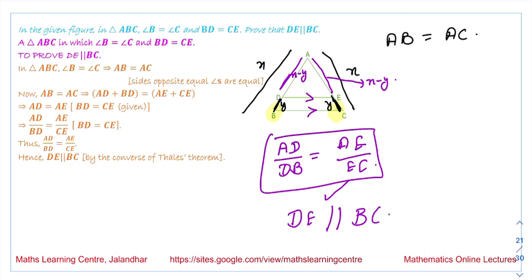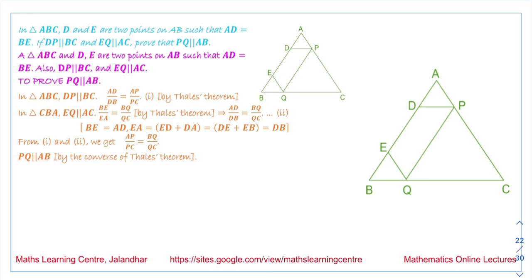Now next, in triangle ABC, this point D and this point E are points on AB such that the length AD is equal to the length BE.